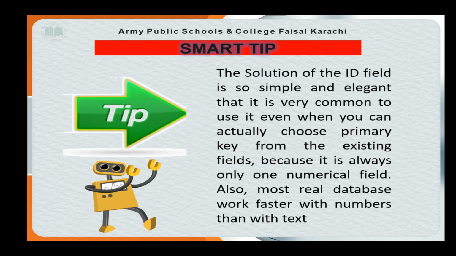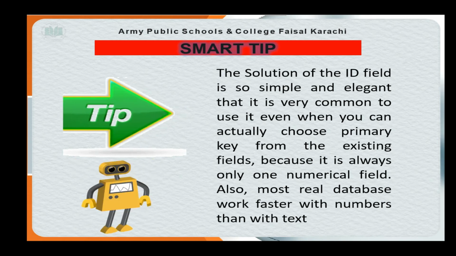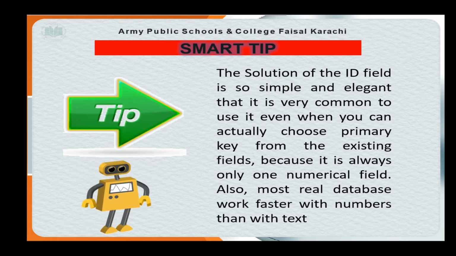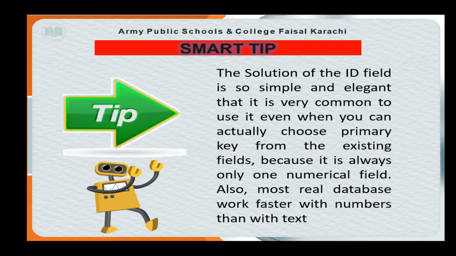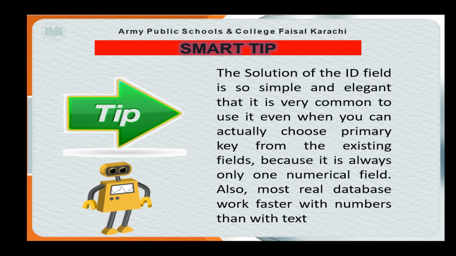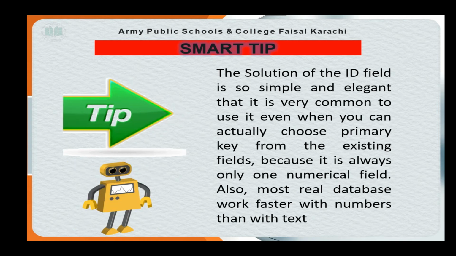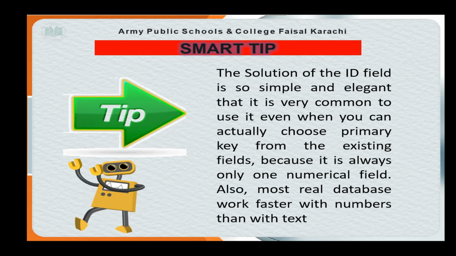Smart tip: the solution of the ID field is so simple and elegant that it is very common to use it even when you can actually choose a primary key from the existing fields, because it is always only one numerical field. Also, most real databases work faster with numbers than with text.